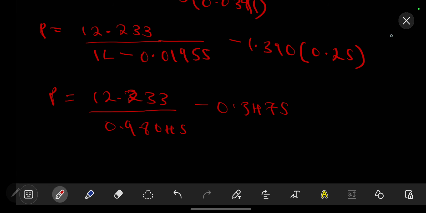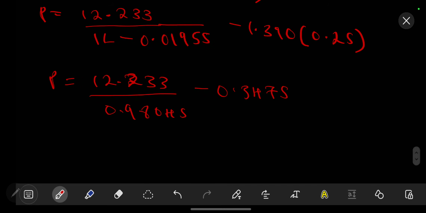Dividing these two, 12.233 divided by 0.98045 gives us 12.477.